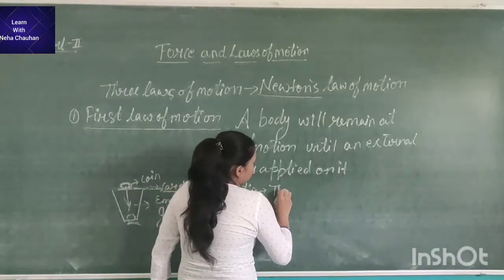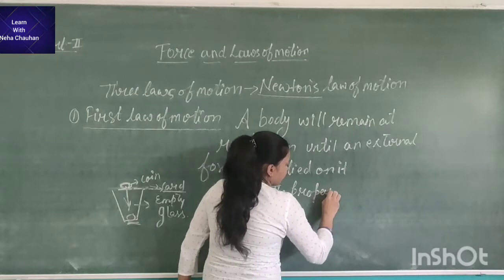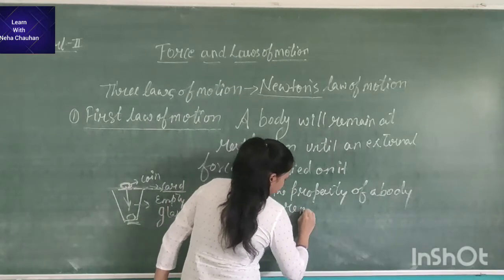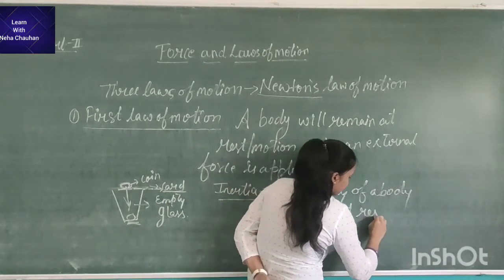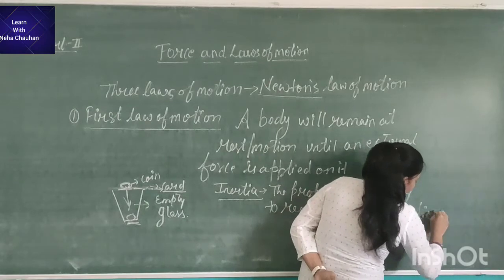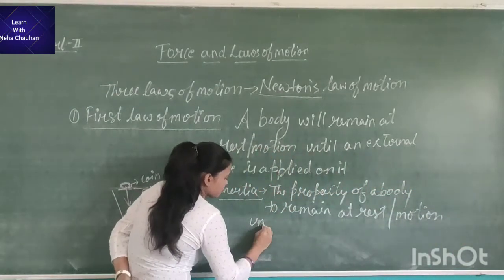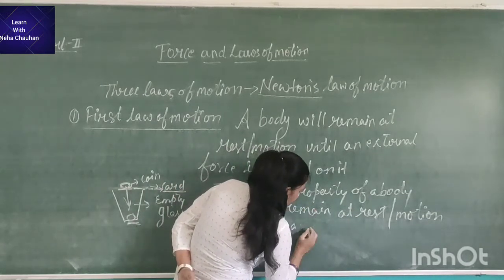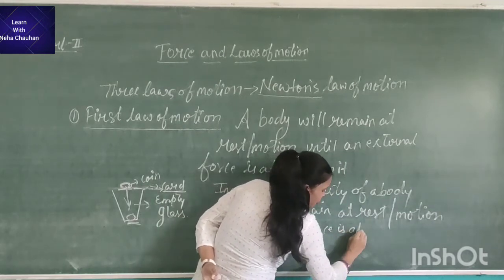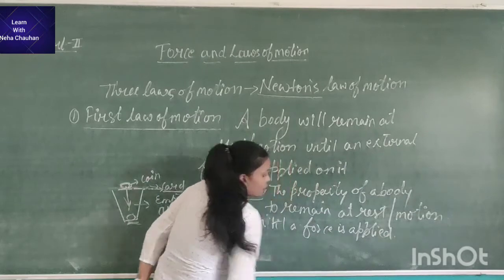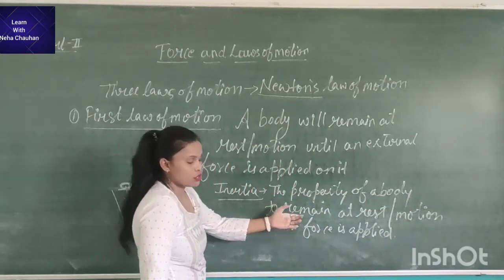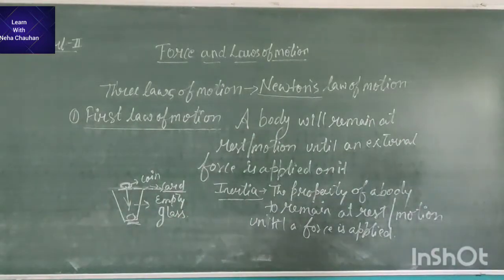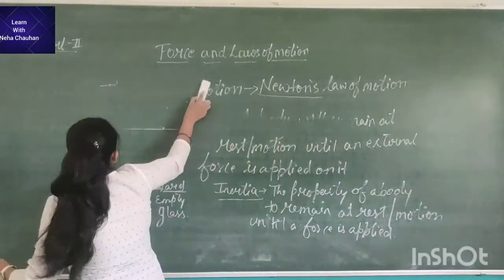Inertia is the property of a body to remain at rest or in motion until a force is applied. Right? It is the property to resist change in motion or rest. Inertia is of 3 types. Let's study them.